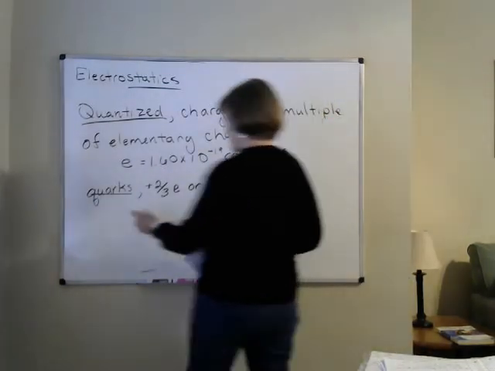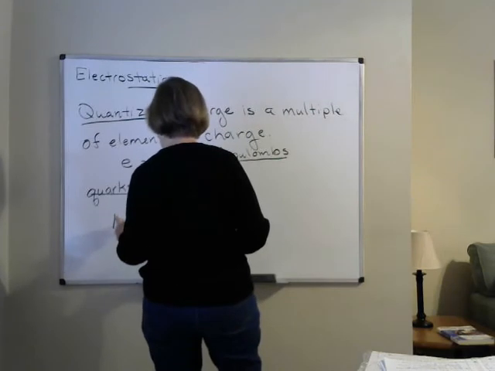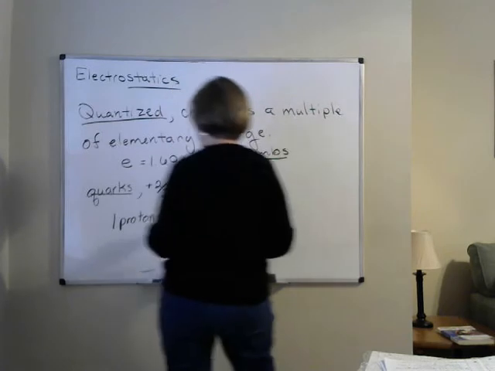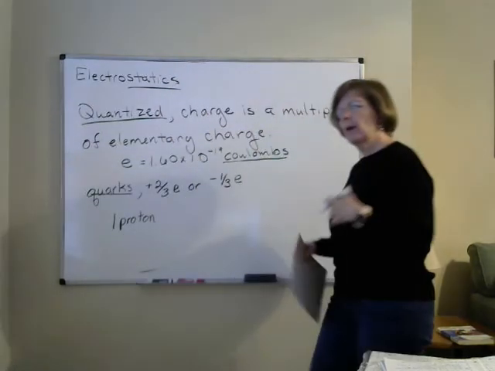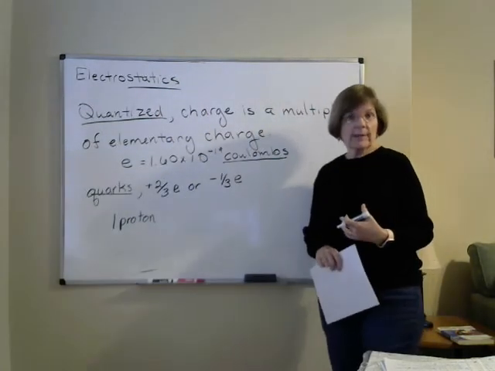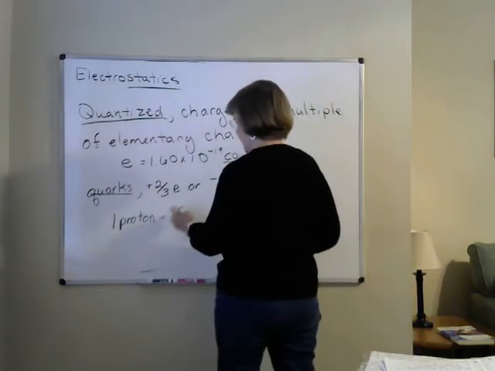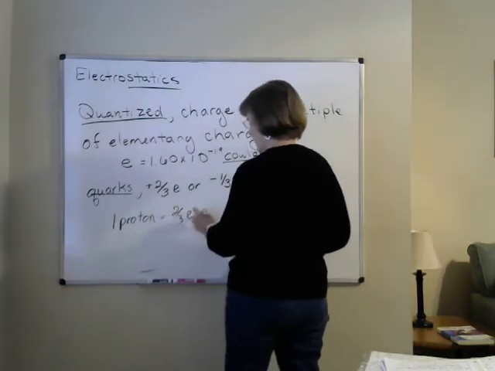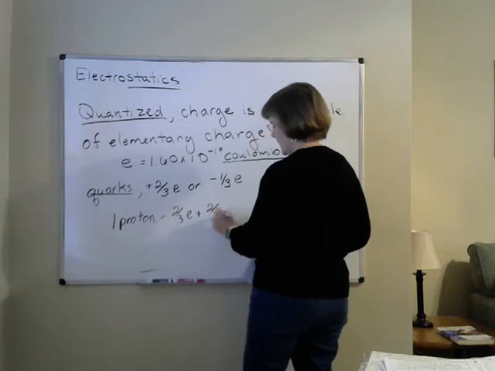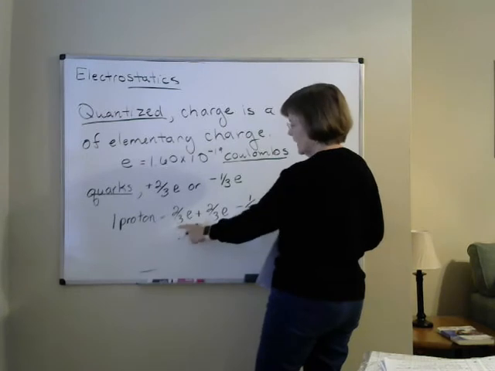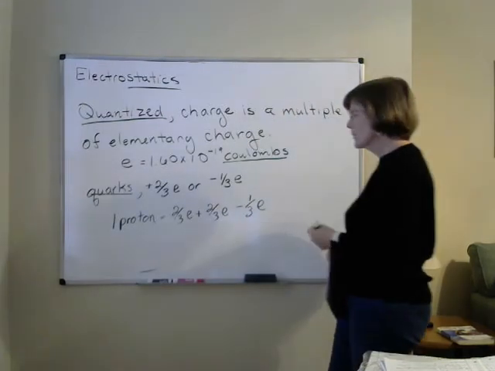One proton is made up of 2 up quarks and 1 down quark. I know the names are silly, but it actually is made up of a 2/3 E plus another 2/3 E minus a 1/3 E. That's an up quark, and a down quark.